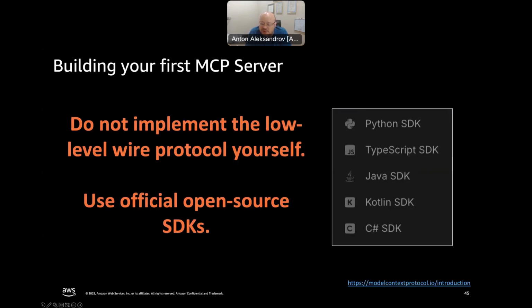Before I show you how to implement this functionality, right, before you rush into implementing the whole MCP spec yourself, there is a set of open source SDKs provided by community, collaboration from Anthropic, AWS, JetBrains, Microsoft, many more companies. I highly encourage you to use these SDKs instead of implementing the wire protocol yourself. Think of it as HTTP. You would use some sort of SDK or framework for HTTP functionality.